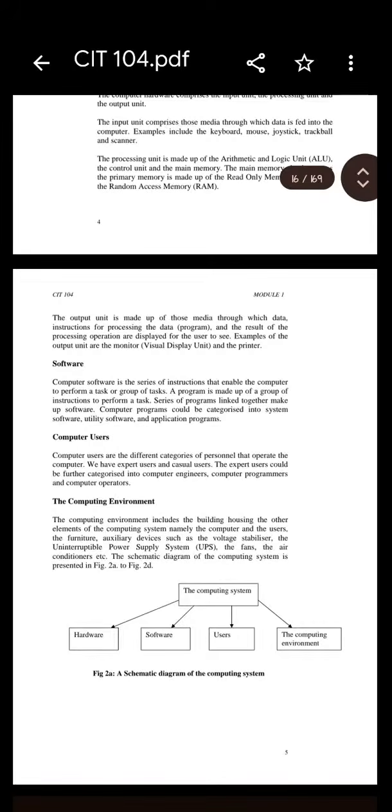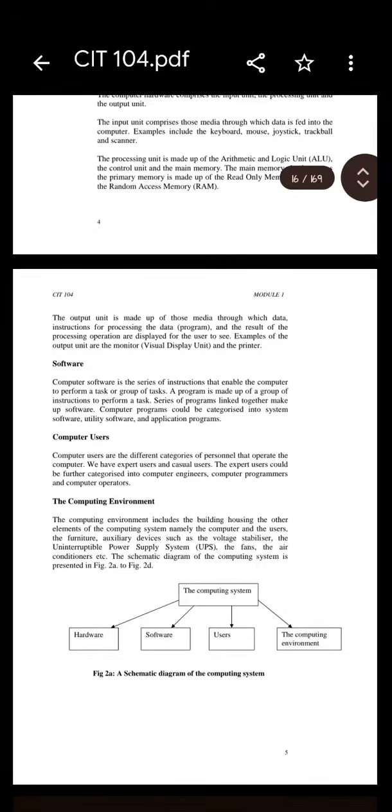Now, what are utility softwares? So there are three types of softwares. Write it down. There are three types of softwares: system software, application software, and utility software. So what are utility softwares?